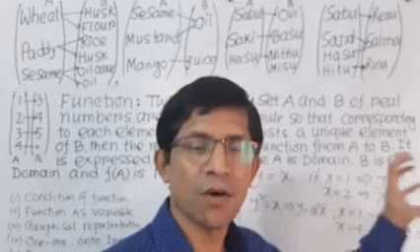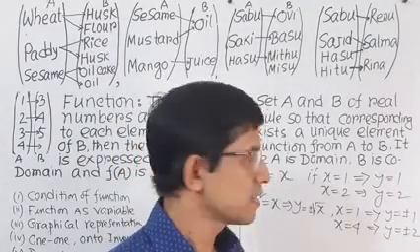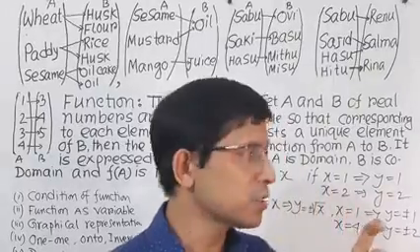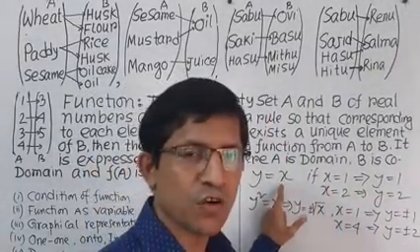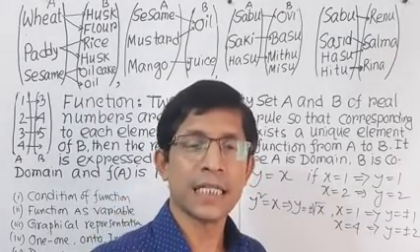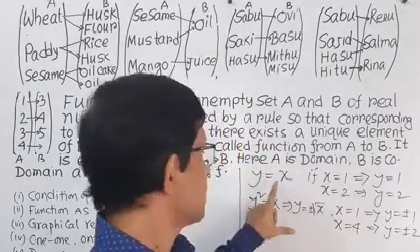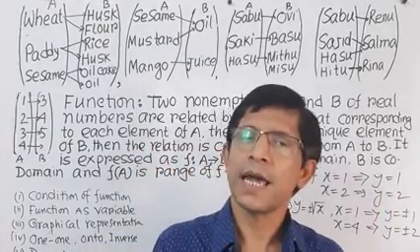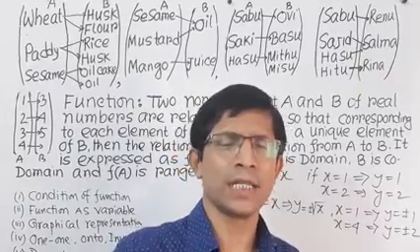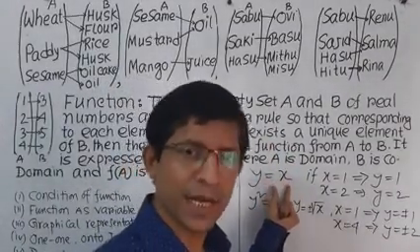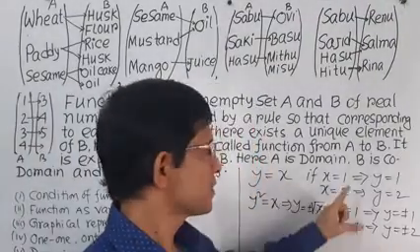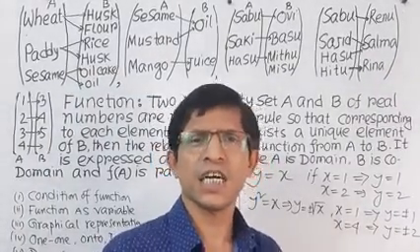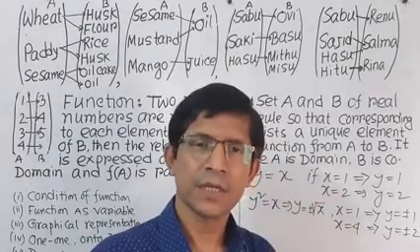So what is the definition of a function in the form of variables? If two variables x and y are related in such a way that corresponding to each value of x, there exists only a unique value of y, then the relation between these two variables is defined as a function.